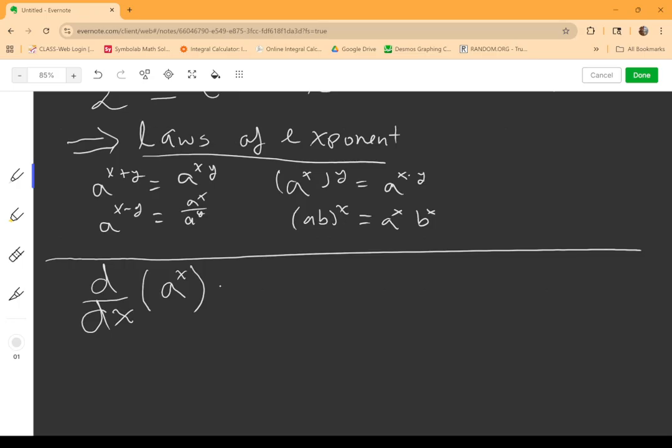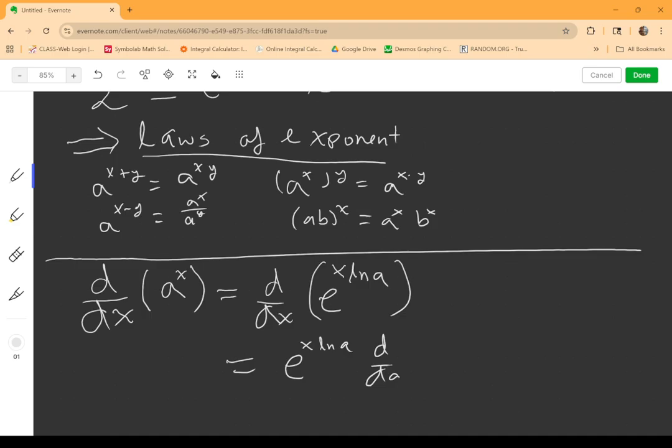Using the definition, I know the derivative of the exponential is just the exponential itself. So we get e to the x ln of a, and then the chain rule says to take the derivative of the exponent, since it's not simply x, it's a function of x.